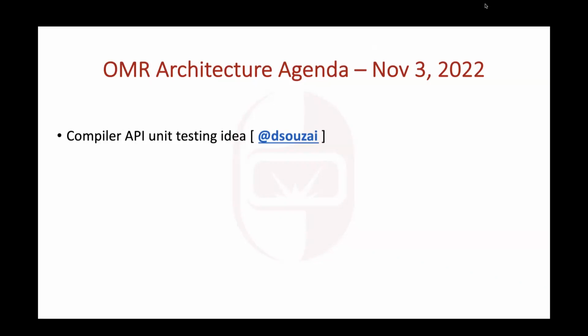I don't know if there's more high levels to discuss, but one thing I want to ask is, going forward, in terms of having a path towards getting somewhere, should the first step be identifying components? Because clearly the optimizer has a different philosophy on how to unit test. CodeGen has a different one, and even within CodeGen, evaluators versus binary encoding might be different, relocation is different, and so on and so forth.